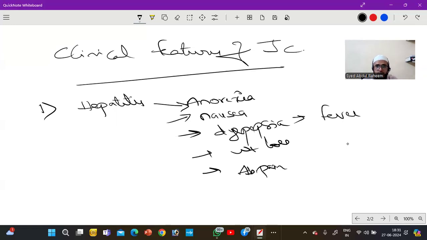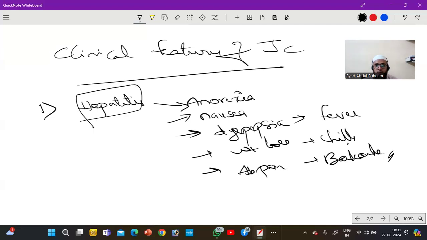Fever, chills, mild backache. These are the things you can see mostly with hepatic involvement.